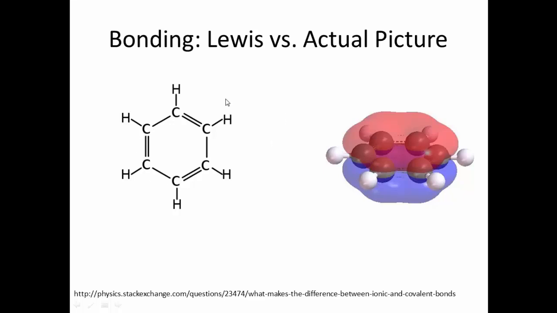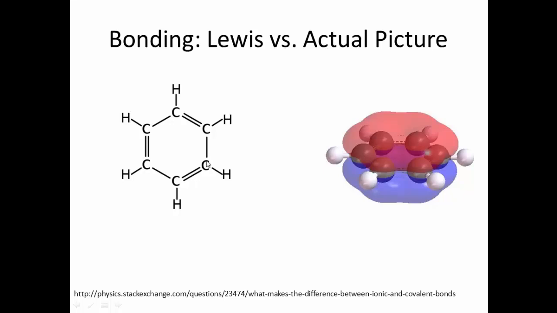So another really good example of how resonance structures and Lewis dot structures don't quite tell the full picture is benzene. You can draw a lot of different resonance structures of benzene with these double bonds moving around this ring. Basically these double bonds, which we'll talk about soon, are bonds made up of p orbitals forming pi bonds.